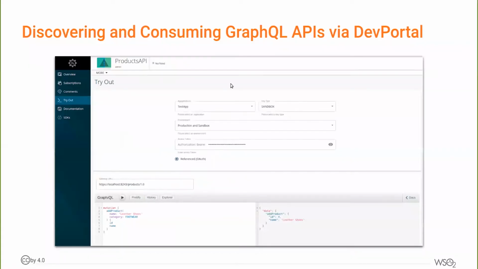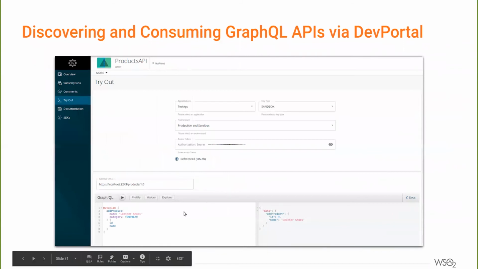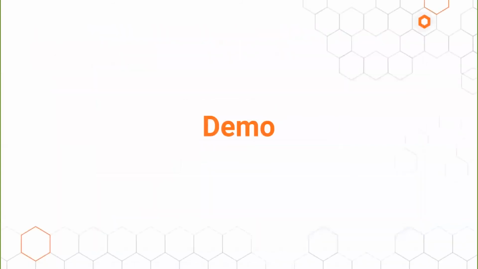And this image shows the developer portal for the products API. This is the tryout console. Let's move into a small demonstration.